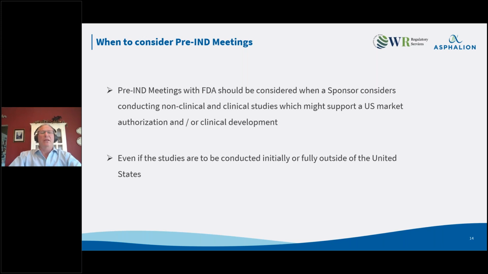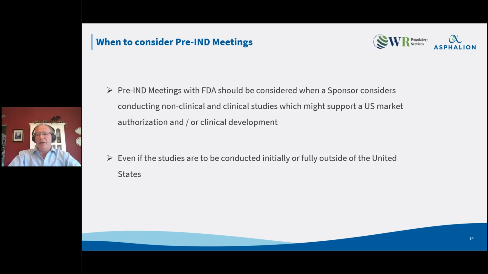It may not be until you're doing pivotal non-clinical GLP type studies that you finally meet with the FDA, but you need to start thinking about it so you can get it all organized and set up. And again, even if these studies are conducted initially or fully outside of the United States, right?